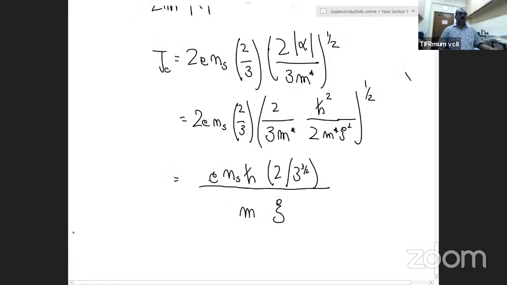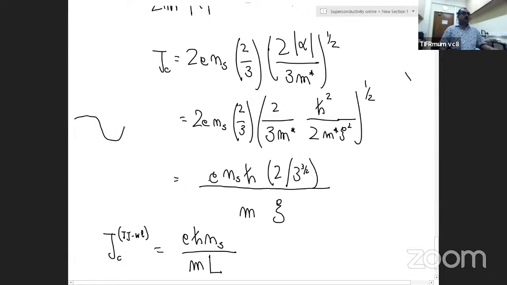So the critical current density for a Josephson junction weak link that we derived in the last class was e h cross ns, this part is the same, divided by m into L. What was L? It was the length of the link.